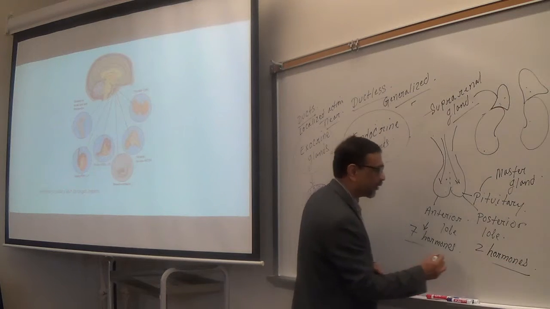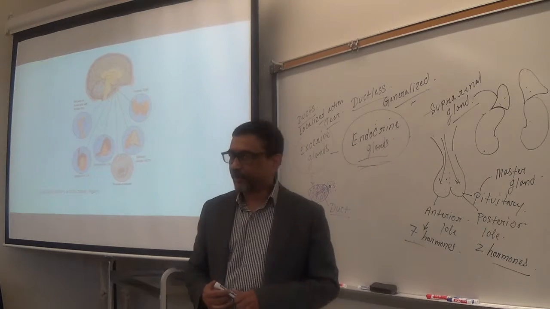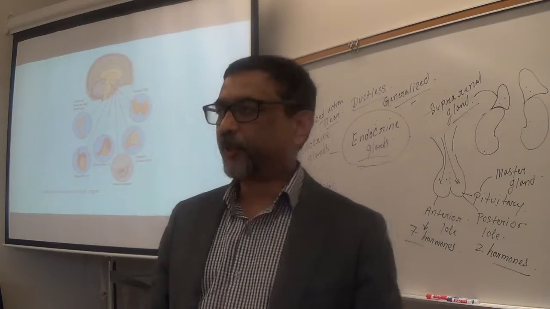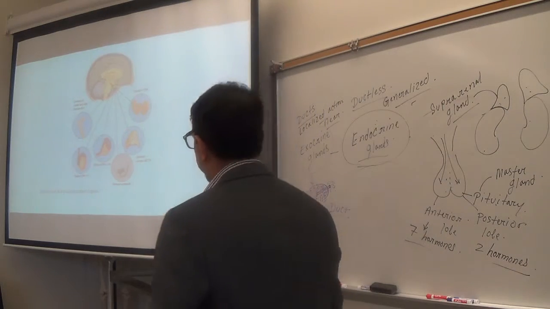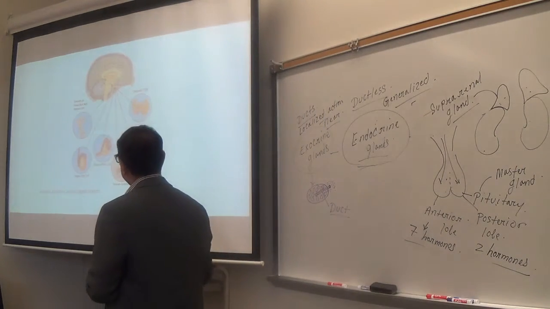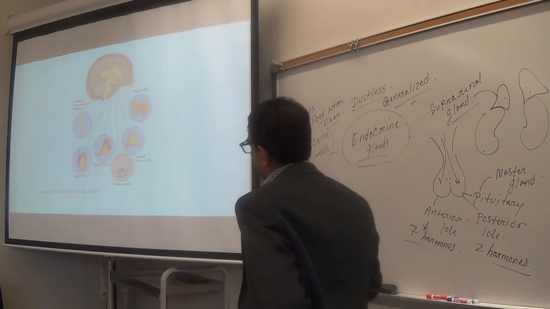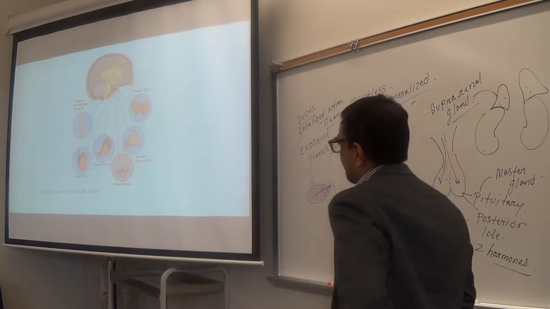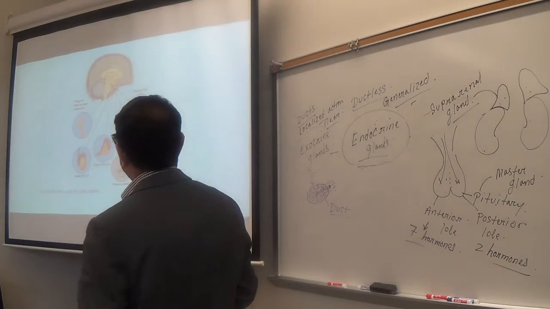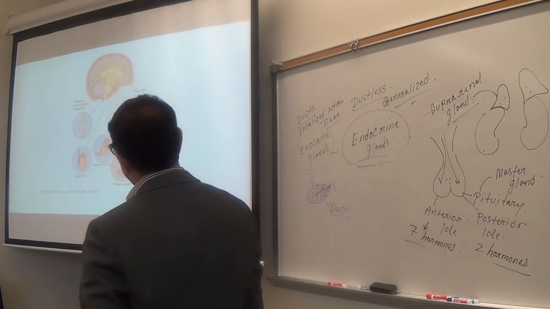Okay. So the anterior pituitary, or lobe, releases 7 hormones, and the posterior releases 2 hormones. What are the anterior pituitary hormones?